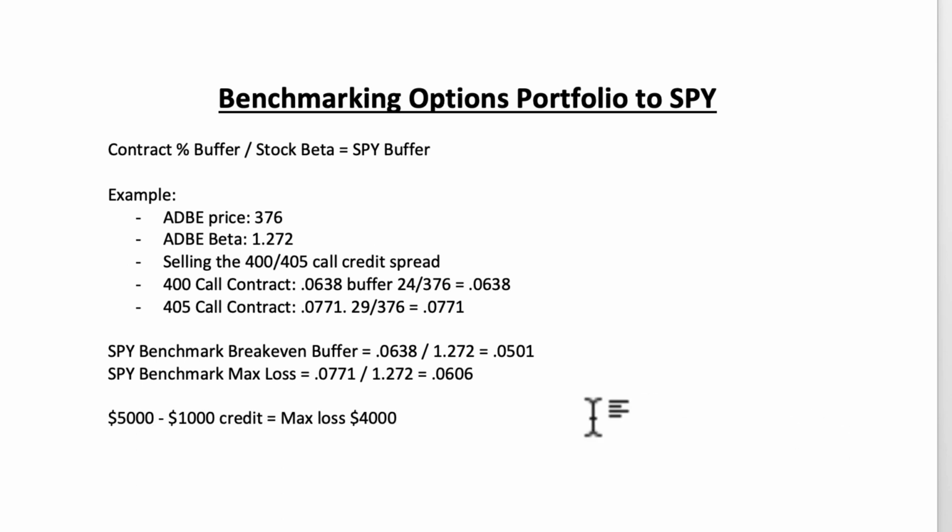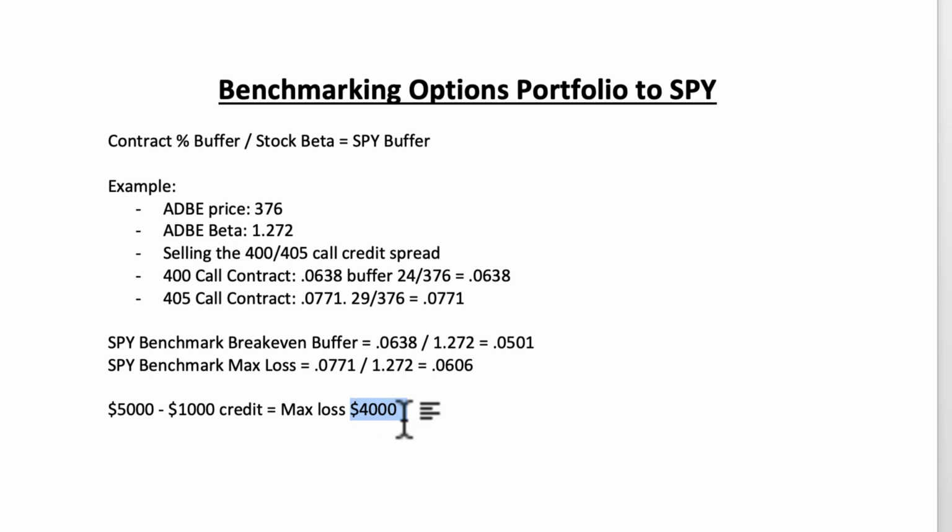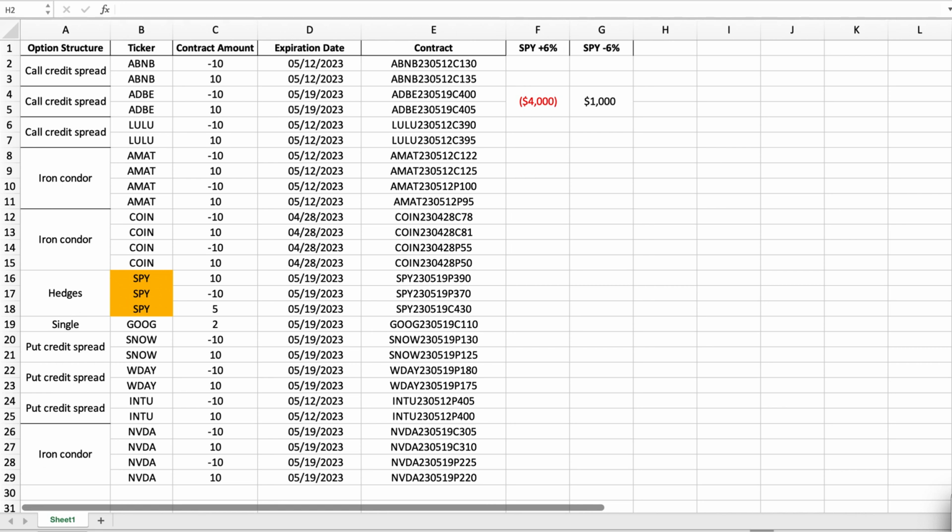So we know if the SPY goes up 6%, our max loss is going to be around $4,000. So for that position, we need to hedge ourselves in a way where if the SPY goes up that much, our hedge will provide $4,000 risk coverage. And we would want to do this for every single position in our portfolio. It's a little tedious, but it's well worth it.